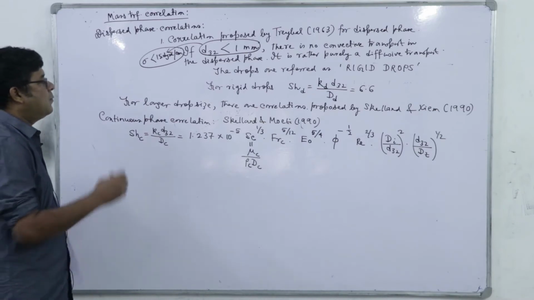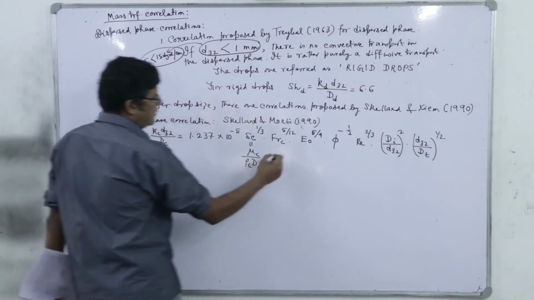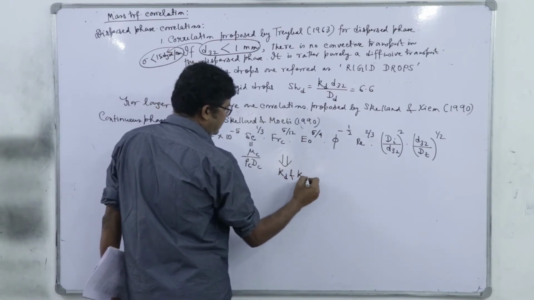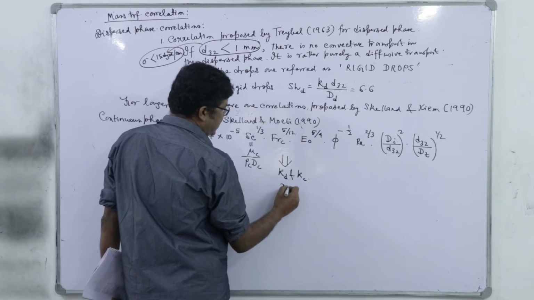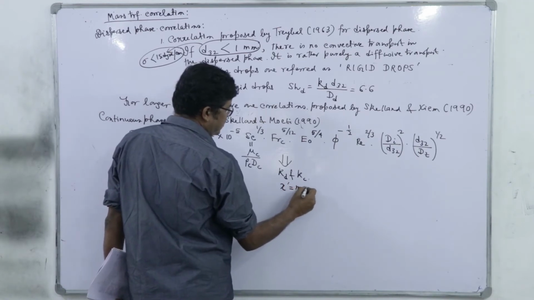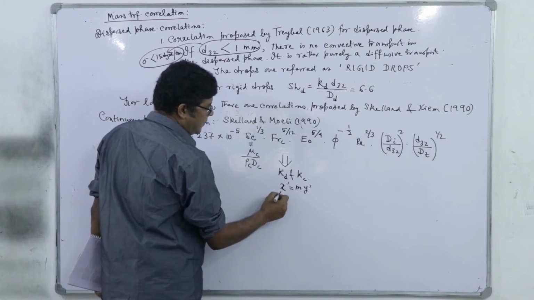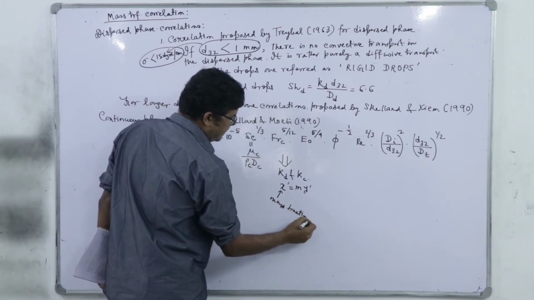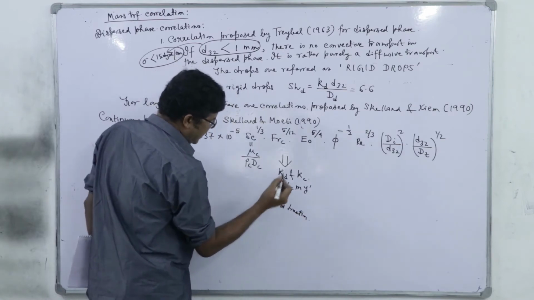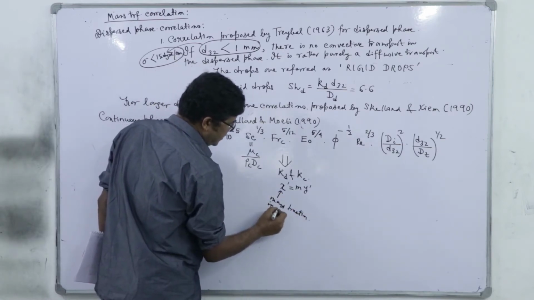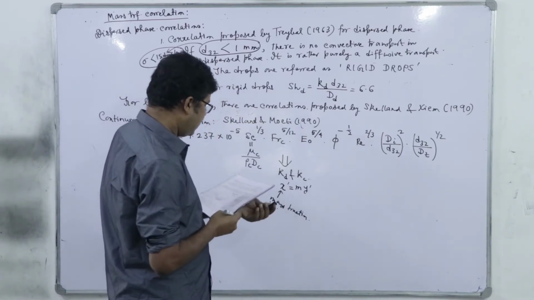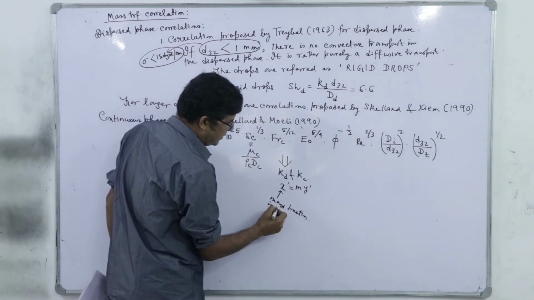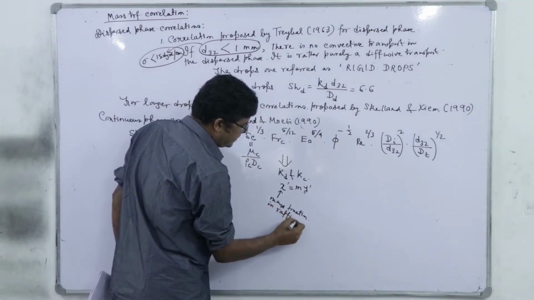From this analysis you finally get Kd and Kc, and my equilibrium relation, let us say x prime is equal to m into y prime, where x is the mass fraction or mole fraction in the continuous phase, or in the raffinate phase, and y is in the extract phase.